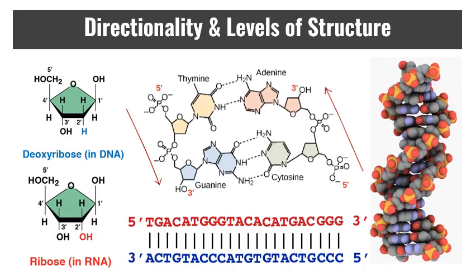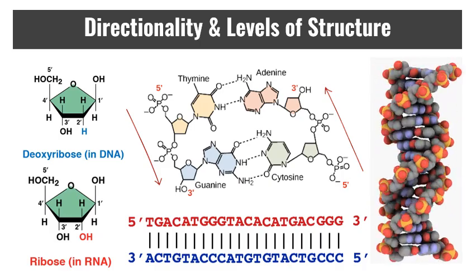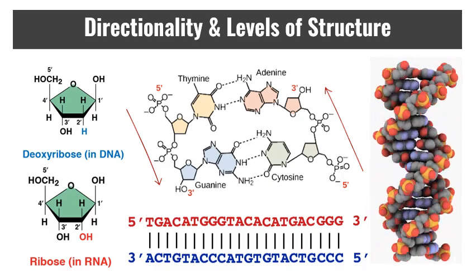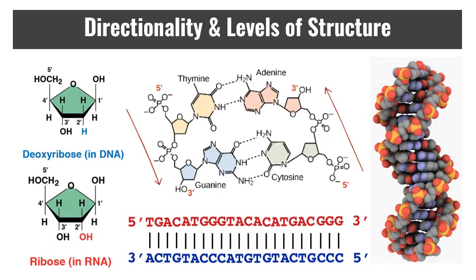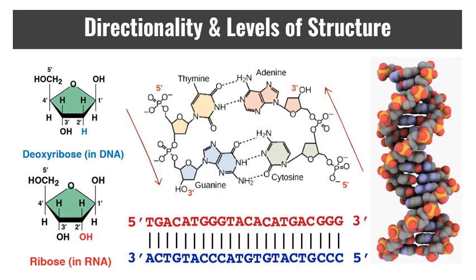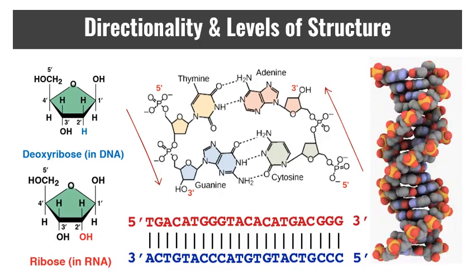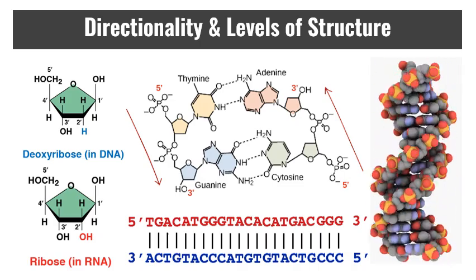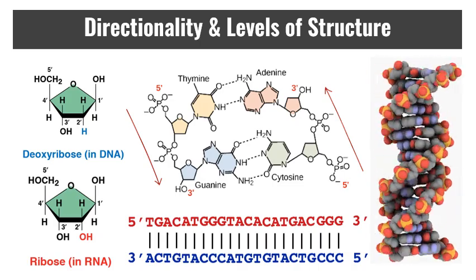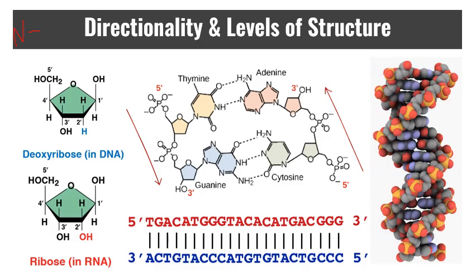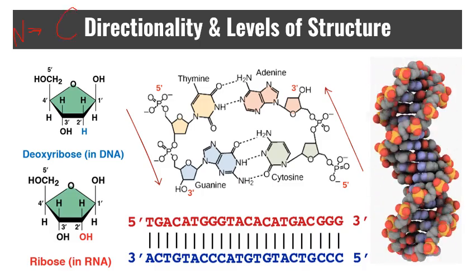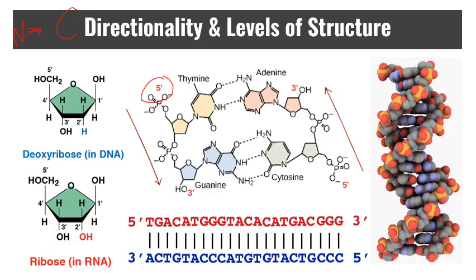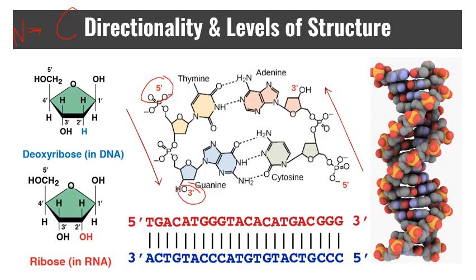Polynucleotides are synthesized when adjacent nucleotides are joined by covalent bonding, like we said, in a phosphodiester linkage between the OH groups on the 3rd carbon and the 5th carbon of the next. So DNA and RNA, just like proteins, have directionality. In proteins, it was N to C. For nucleic acids, it's 5 to 3, so it's kind of rhymey.